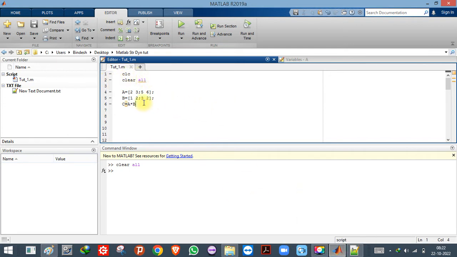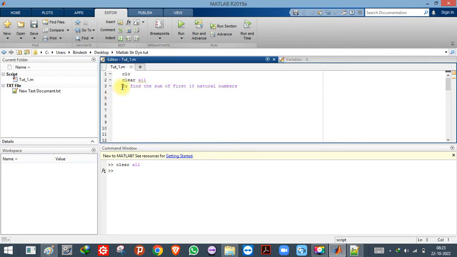And one more thing, now let us try to find the sum of the first 10 natural numbers. Now this is a comment, so you cannot execute it.